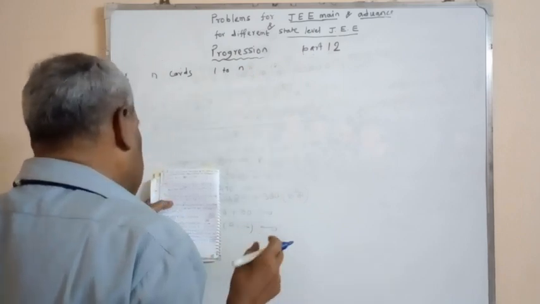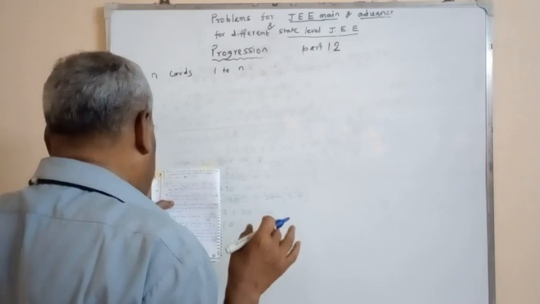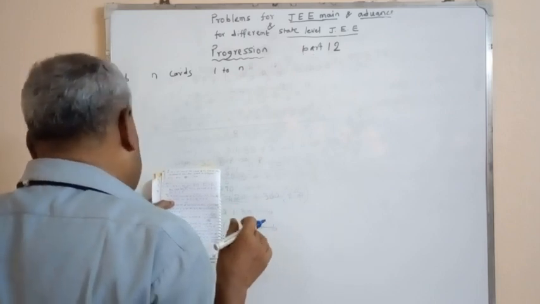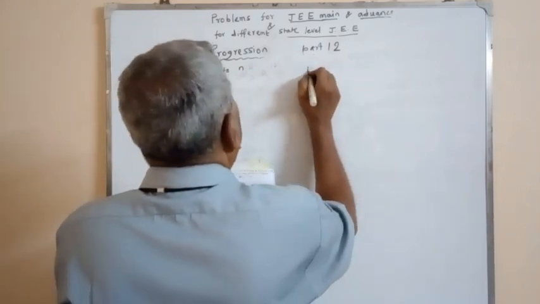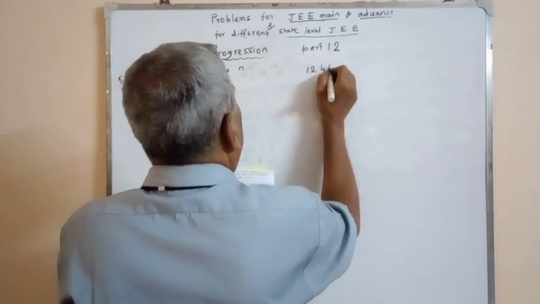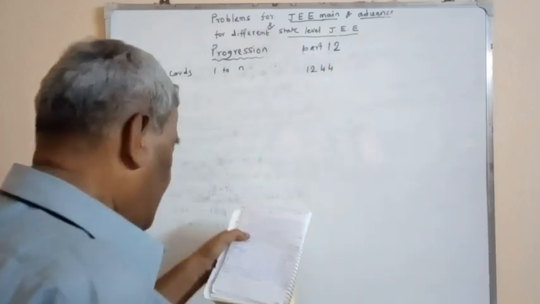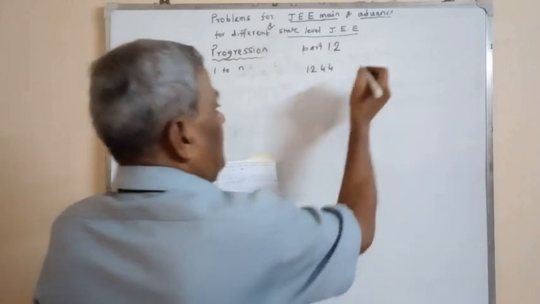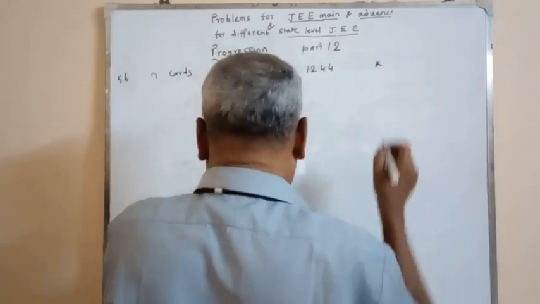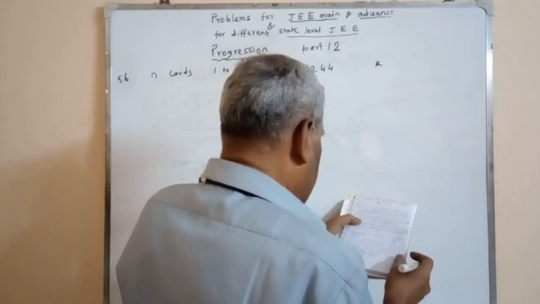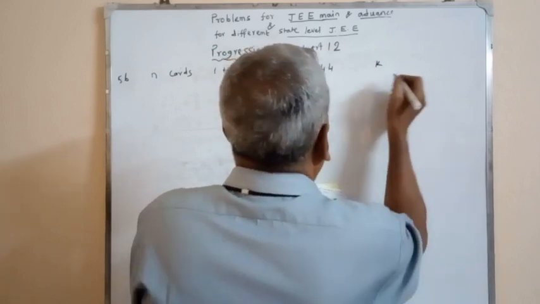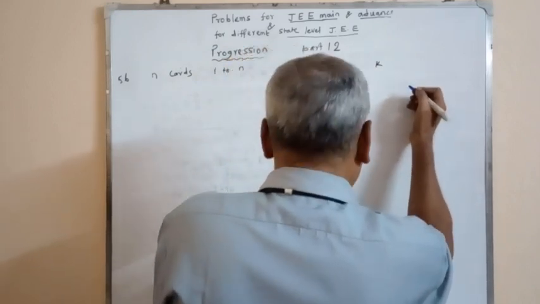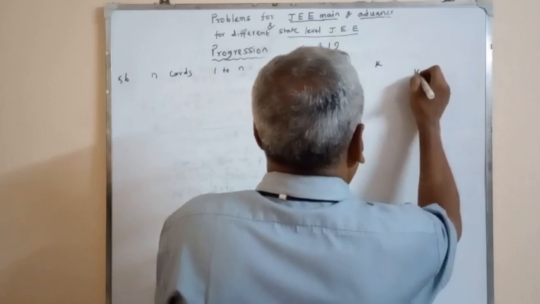If two consecutive cards are removed, the sum of the remaining cards is 1244. If the smaller of the numbers removed is k, find the least value of k minus 20.